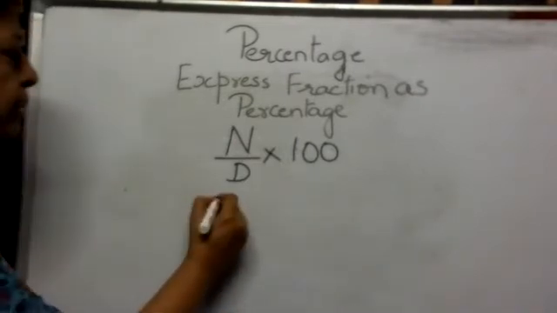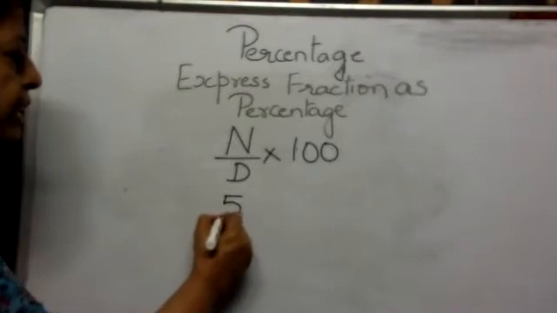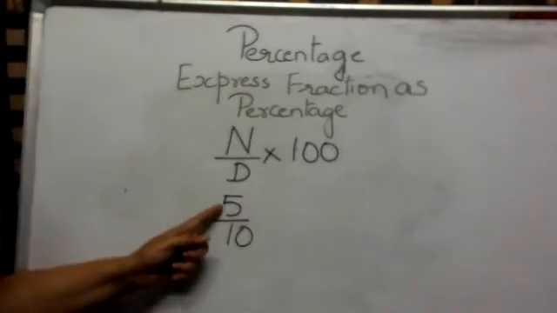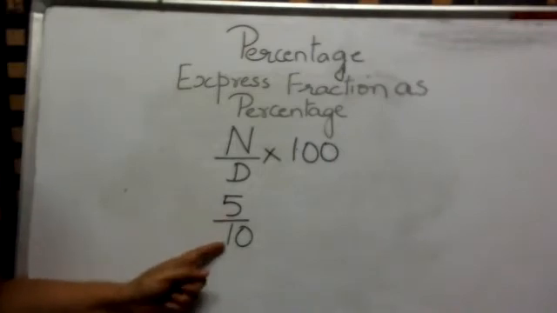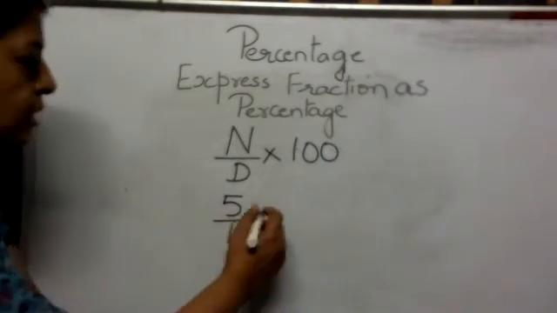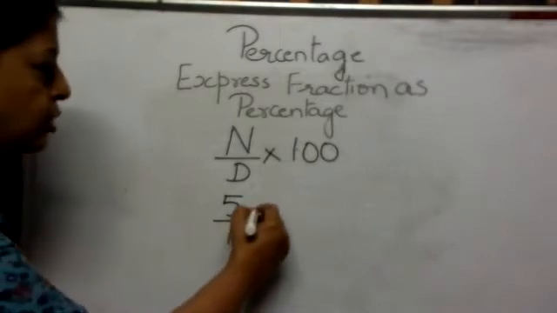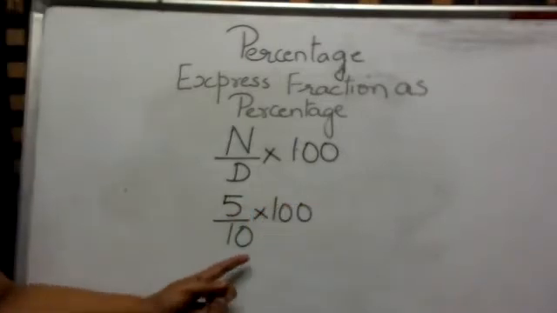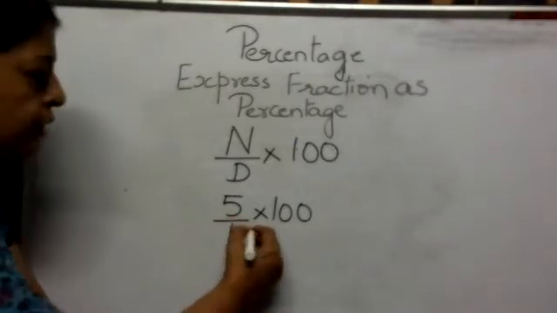Suppose the fraction given is 5 by 10. Okay, children? 5 is in the numerator, 10 is in the denominator. We want to convert it into a percentage, so we multiply by 100.